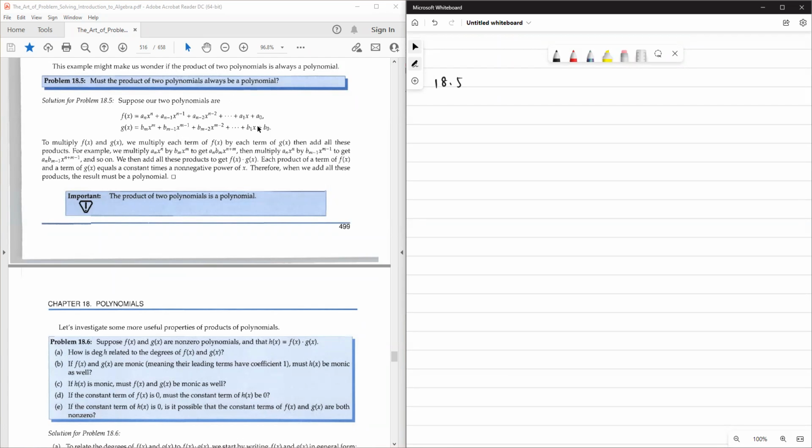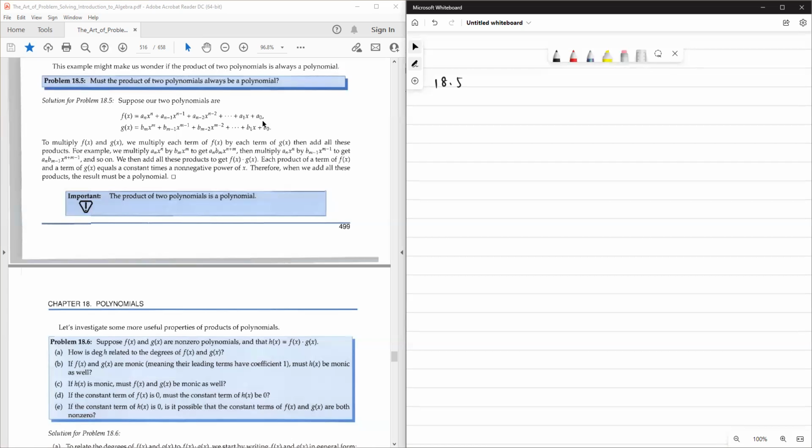When you multiply two polynomials, you'll always end up with another polynomial. Think of it, as you multiply them, you are adding more terms. And none of these a's and b's are 0, so you are going to end up with some form of a polynomial.